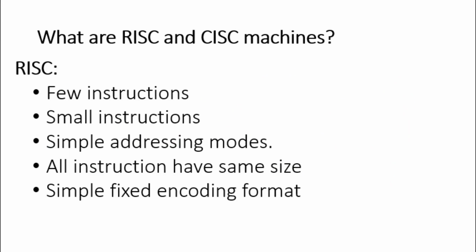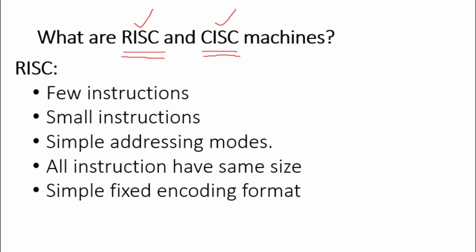Now let us see RISC and CISC machines from the perspective of encoding. Every processor is either a RISC machine or a CISC machine, that means reduced instruction set computers or complex instruction set computers. The name itself indicates that complex instruction set computers support a huge number of instructions.